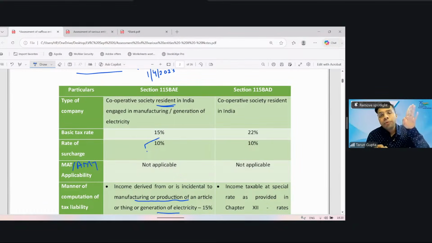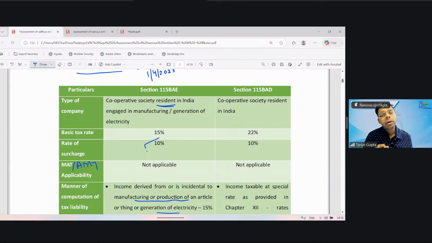It should commence the manufacture on or before 31st March 2024. It should not be formed by splitting up of an existing business, and it should not use old plant and machinery. Okay. But machinery imported from outside India, in respect of which depreciation has not been claimed under this Act, is not considered as old. Secondly, 20% of old plant and machinery is allowed.